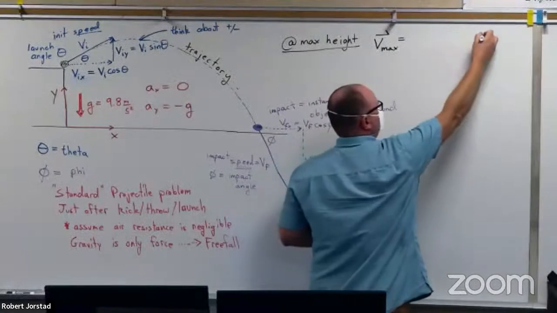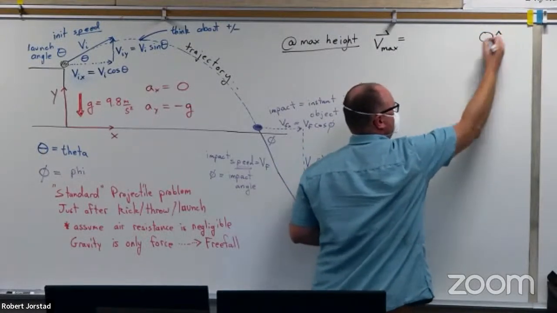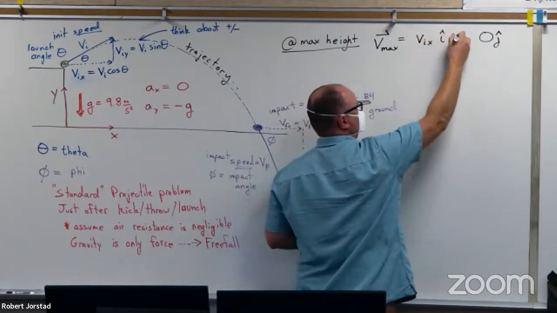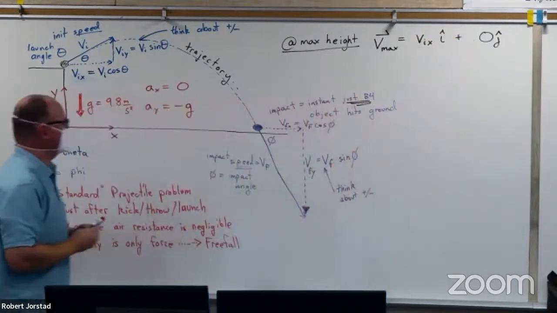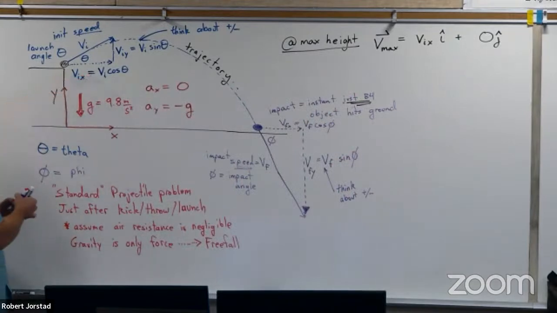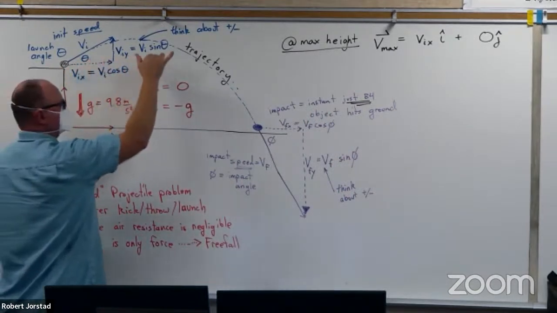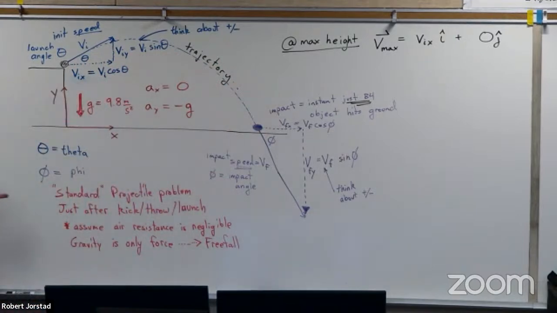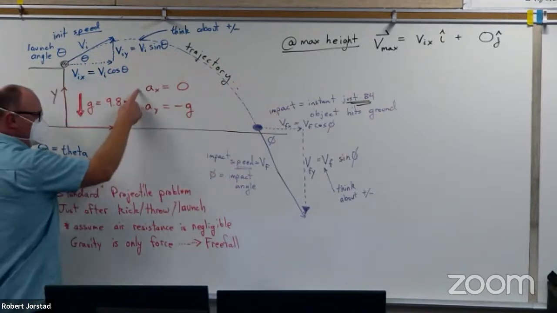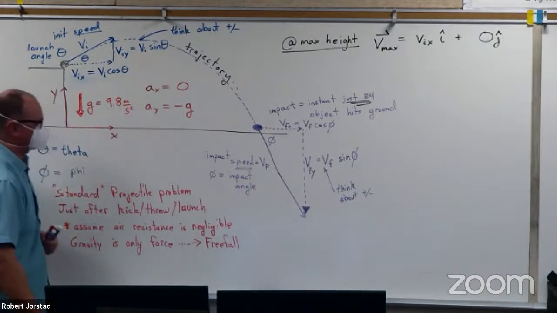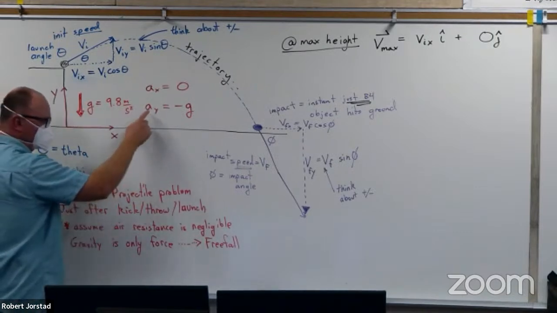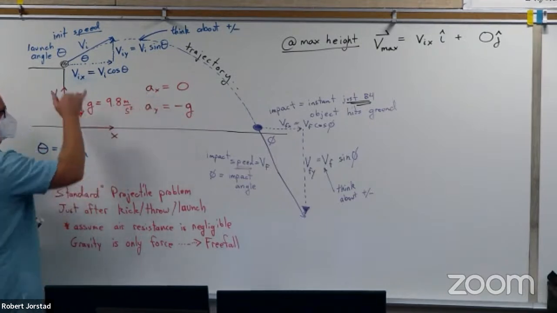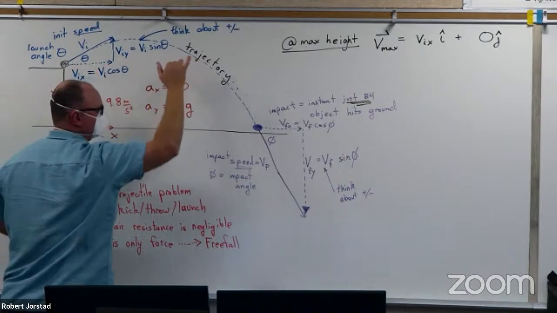So it's 0 in the j hat, but it's v initial x in the i hat. Think about it. The x component of velocity doesn't change. It's always this much as it travels horizontally. Why? Because the x motion and the y motion are independent. The vertical gravitational force has nothing to do with the x motion, and so it doesn't change as it moves across.